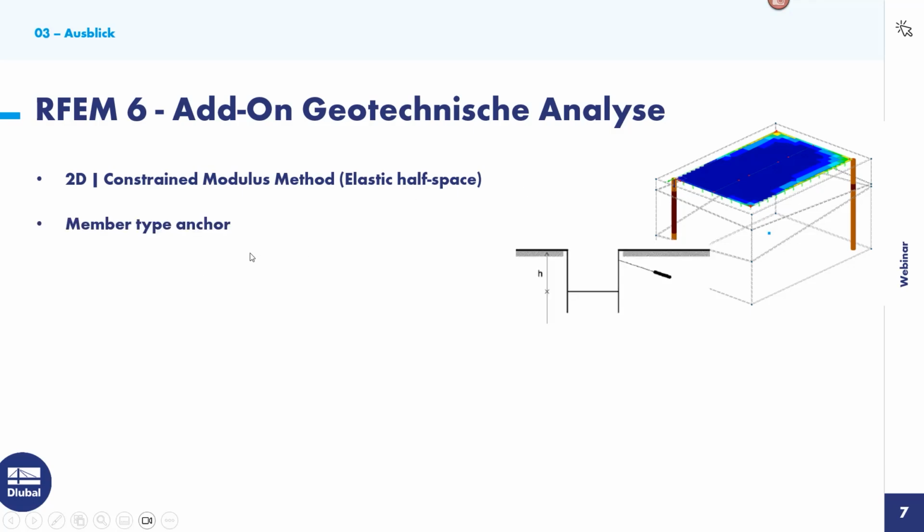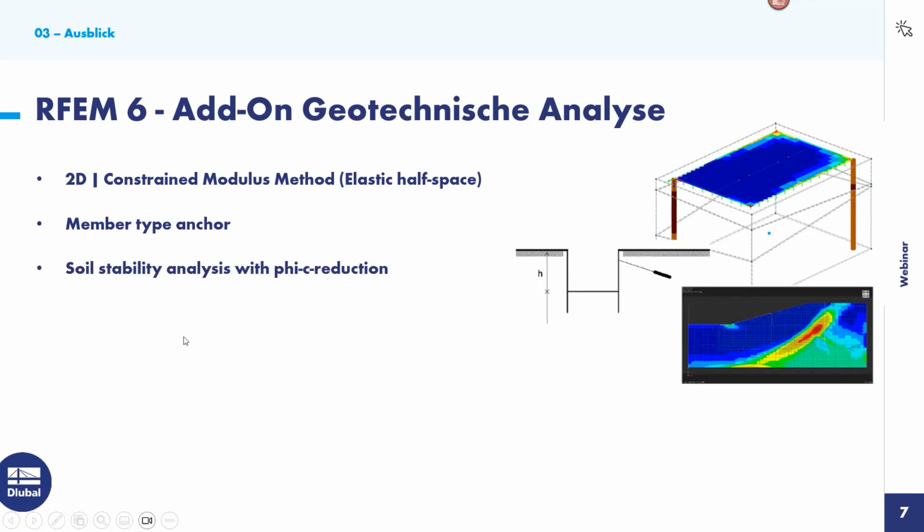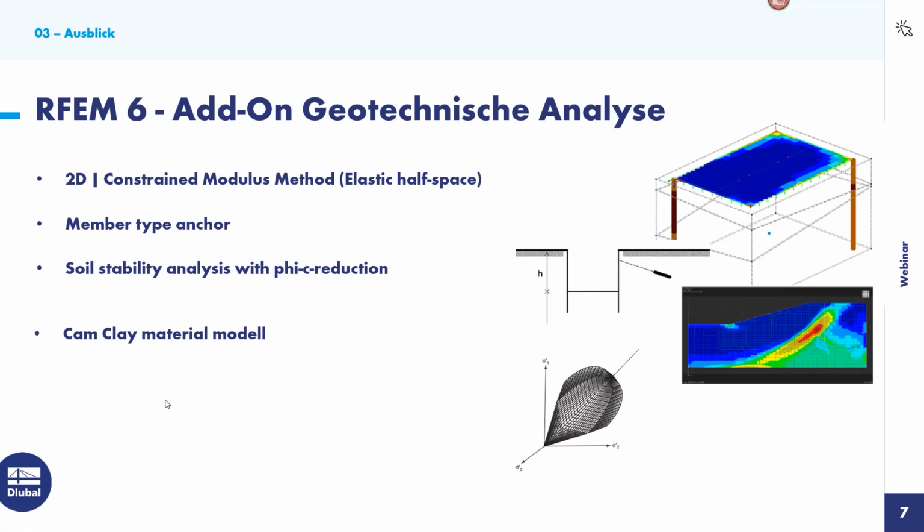Then another topic we have in the last steps is the anchors. We will have the member type anchor, which allows us to model anchors as well. Then we are working on the soil stability analysis with Phi-C reduction. This is the next step, and we are working on the Chem-Clay material model, which is valid, as the name says, for clays and further materials.